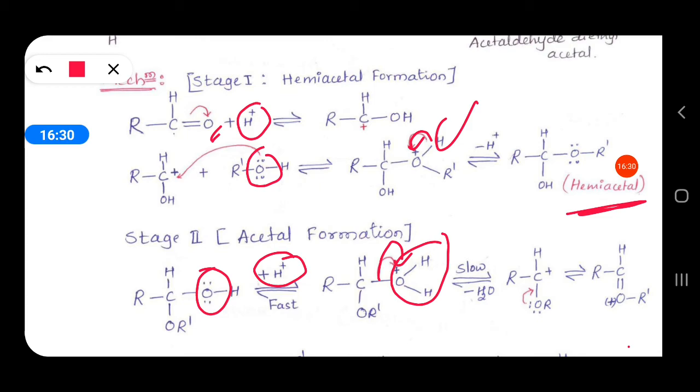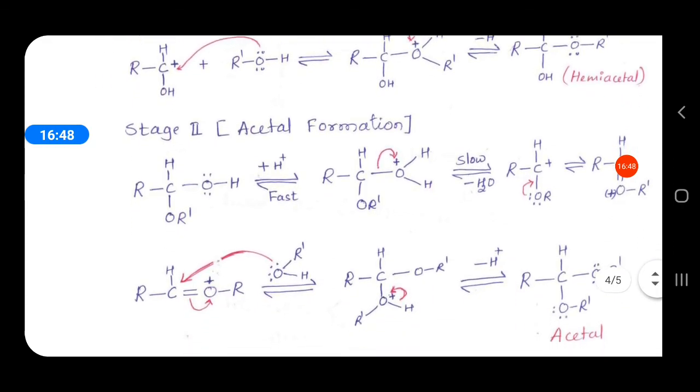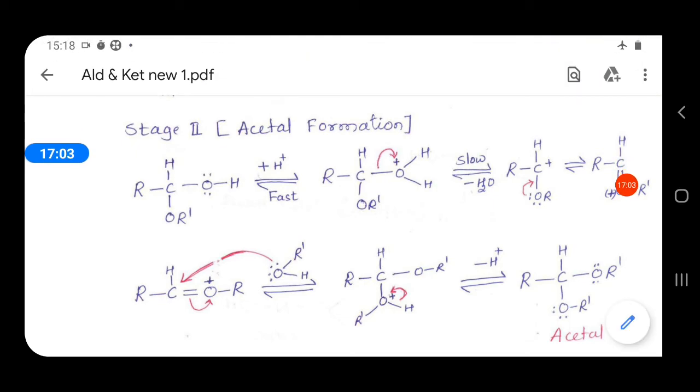Now the lone pair electrons from the oxygen are given to the carbon-oxygen bond, so it becomes C double bond O. Here oxygen gets a positive charge because it loses electrons. Now, in the presence of another molecule of alcohol, by the electromeric effect, the pi electrons are transferred to oxygen so that the alcohol group reacts with carbon.